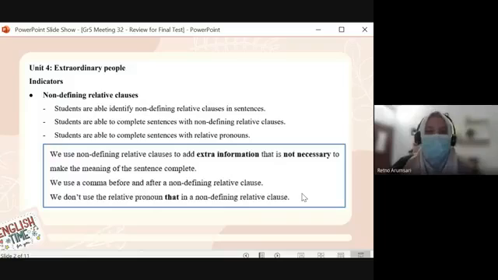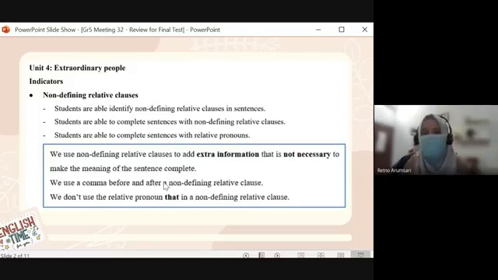Except if the non-defining relative clause is at the end of the sentence, then you will have one comma just before the non-defining relative clause. And in the non-defining relative clause, we don't use the relative pronoun that.